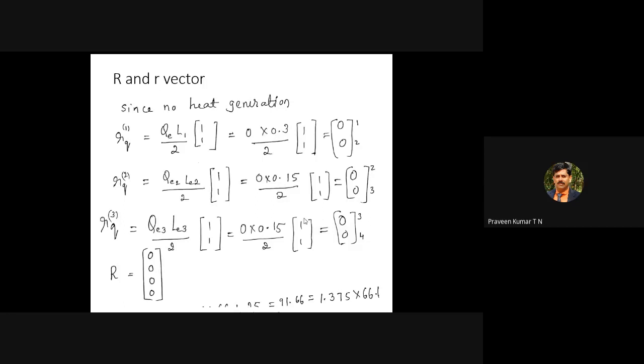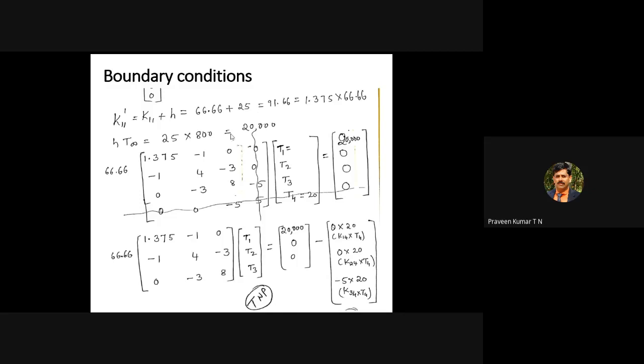So now, because we are adding h to the first diagonal element, the original value is 66.66 plus you have the h value, which is 25. Finally we get the result after taking the multiplication factor of 66.66. You have to do it separately because we already have the multiplication factor.